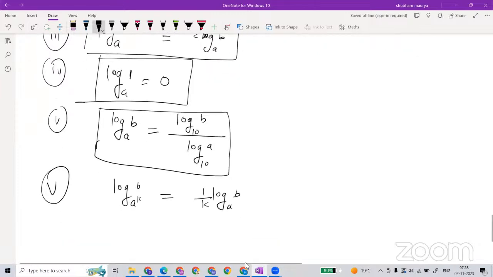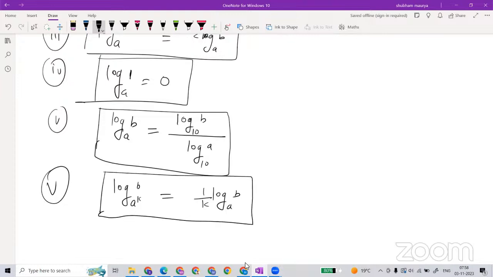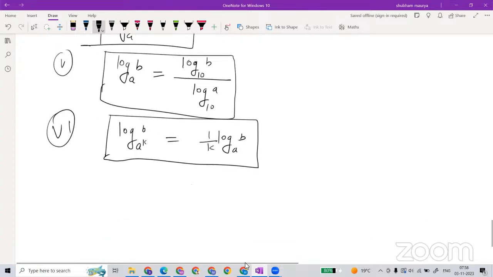But if this is power of the base, then it is a division thing. See the differences. And I'm just leaving this part for you to prove. This is sixth one.